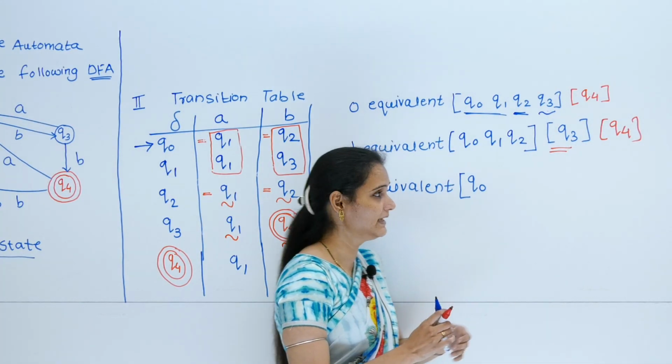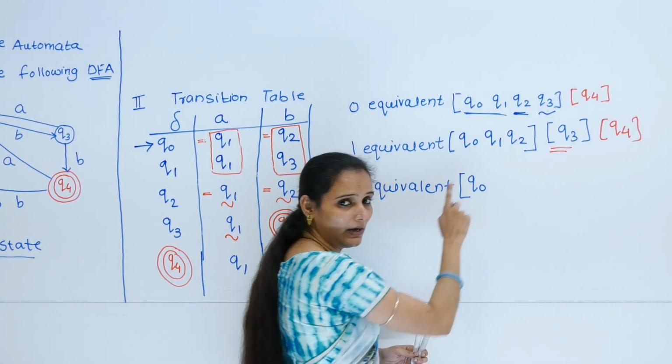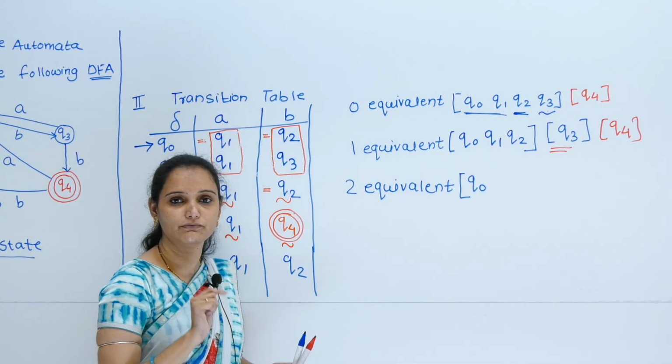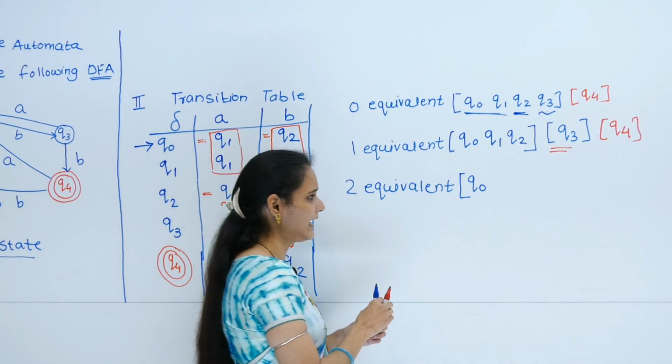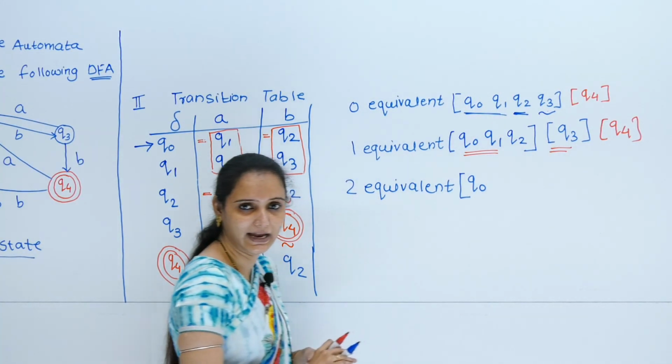So what does it mean? In two equivalent, Q0 and Q1 are not present in one group, so we are not making one group of Q0 and Q1.